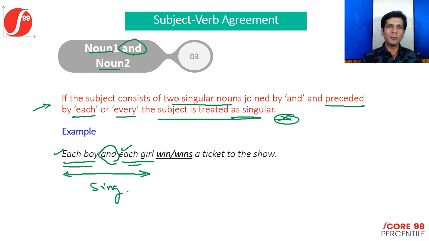So each one person can be understood as he or she. So we understood that when you have he, the verb will take the form he lives. That's what we learned a little while back. So lives would be the singular form. So here between win and wins, wins would be the singular verb and not win. So your correct answer would be each boy and each girl wins a ticket to the show.